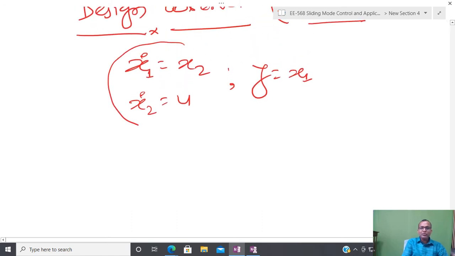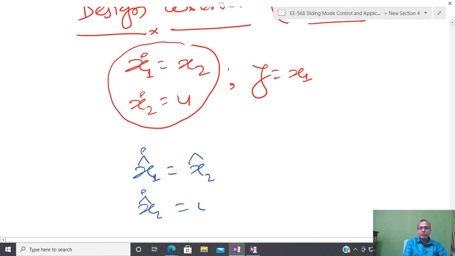The copy of this dynamics is like this: x1 cap dot equal to x2 cap, and x2 cap dot equal to u. Because I am assuming the control is exactly known to me, whatever control I have applied here, the same control is here.